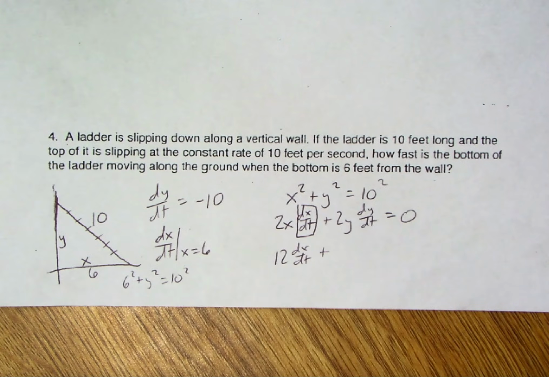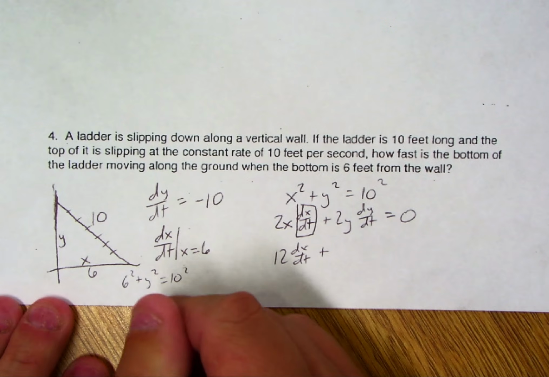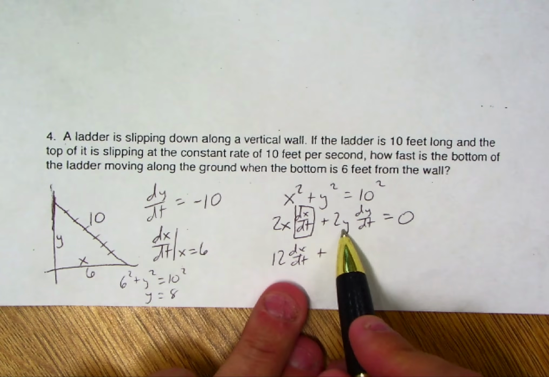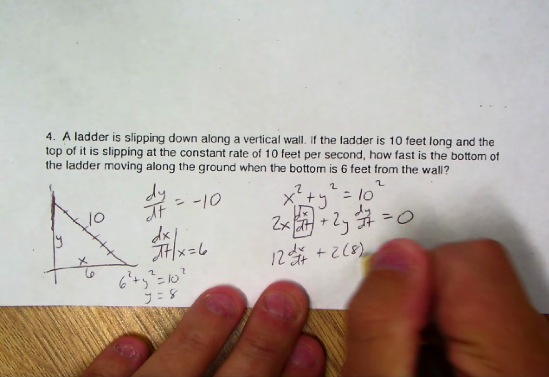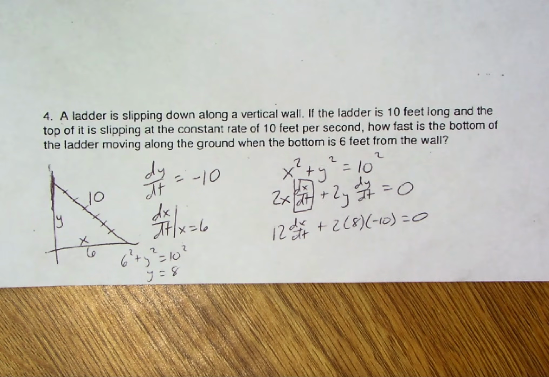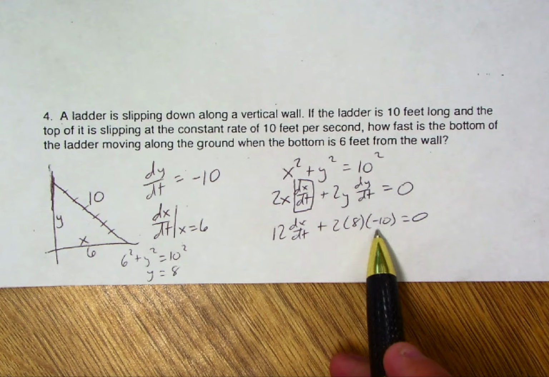So sometimes you'll use these formulas to find out something else you need. So this would be 100 minus 36, square root that. Y is 8. So 2 times 8 times negative 10. And so that's going to be, let's see, 16 times negative 10, negative 160.